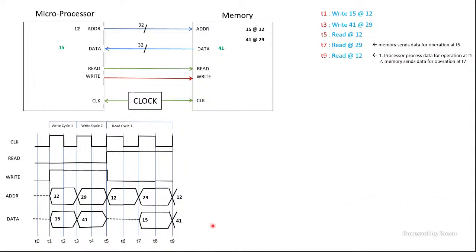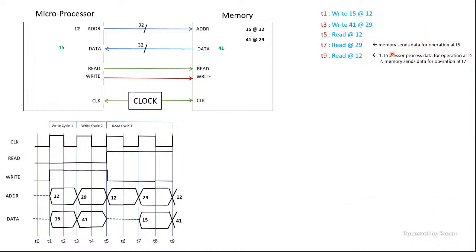And another phenomenon happens in parallel: memory is sending the data 41 to the processor at this T9, which is the result of the read request sent at T7. Like at T7, read at 29, and 29 had a value of 41. It is being sent, so the T7 request is completed and the data is sent at T9 at this time point.